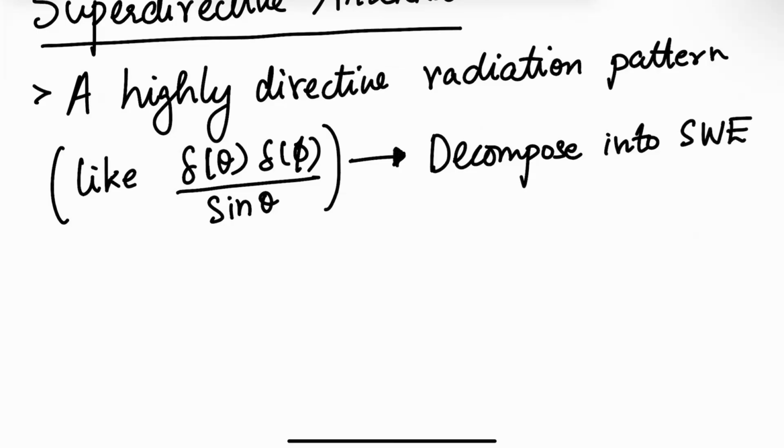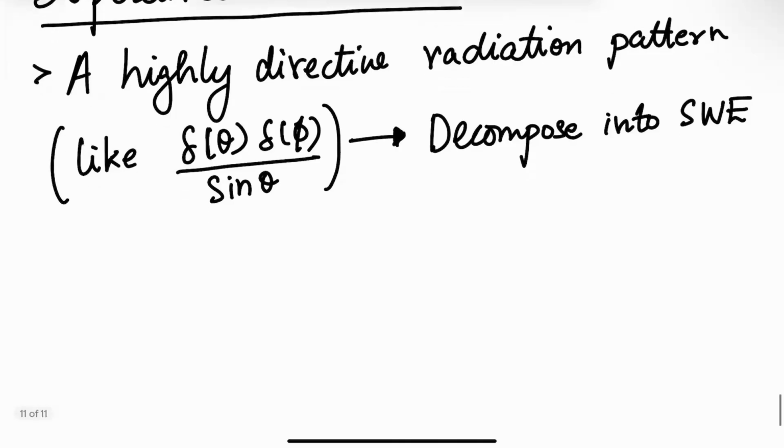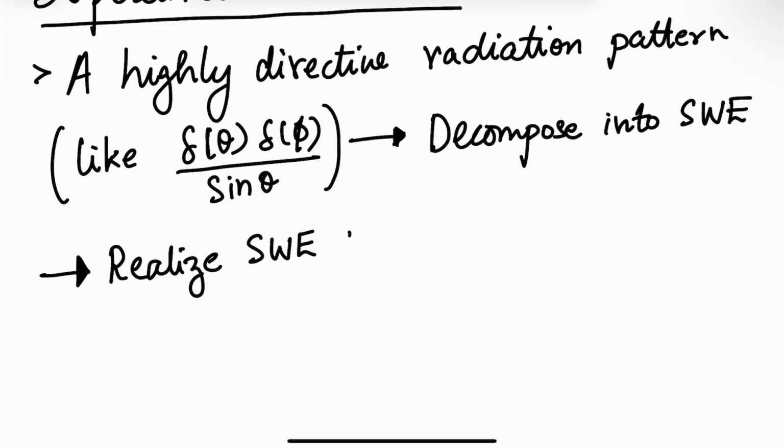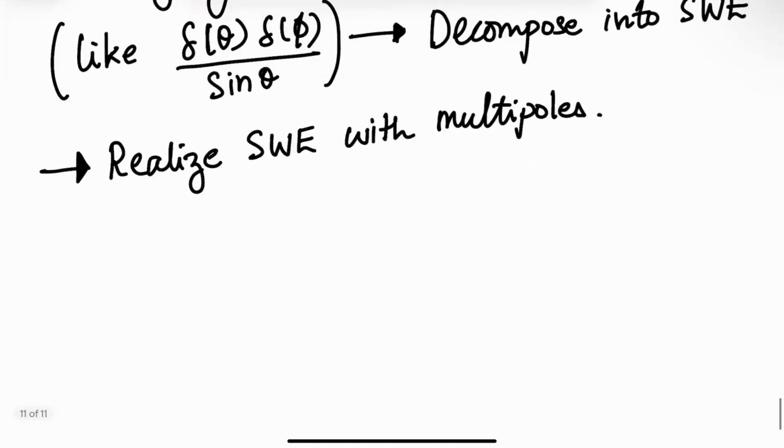It's the double summation we saw earlier in the example. And then I can realize the spherical wave expansion with multipoles, right? So basically, I have my coordinate system like this. I have some kind of multipole combination.